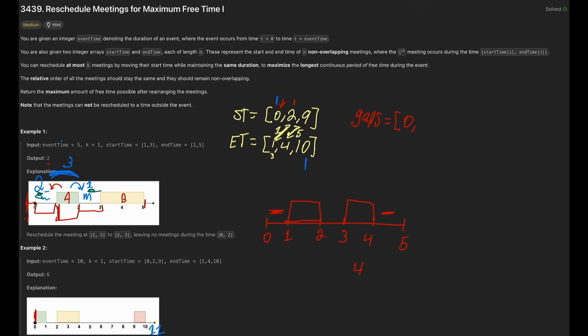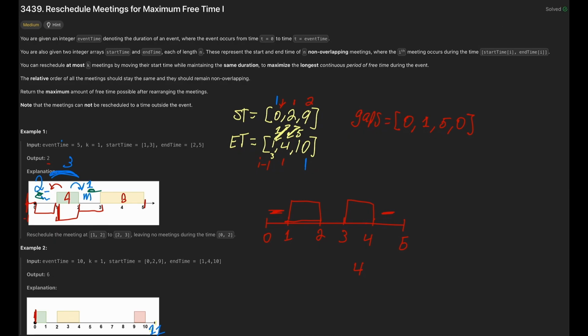So if this is i, the ending time we want to look at is i minus 1. We'll get a gap of 1 there. Next, again, i becomes 2. We want to look at i minus 1 at ending time, and we'll get a gap of 5. And then lastly, that relationship we were just talking about, if we look at 10, so it'll be event time, which is 10, minus the last index of end time, which is also 10, and we have another gap of 0 here.